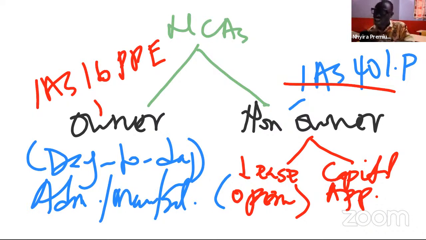It is only when it's an operating lease, as per IFRS 16, that we can treat it as an investment property. So you got to be careful about that. Our focus in the next few minutes is to look at the owner-occupied non-current assets, look at the initial recognition, the subsequent measurement, and all of those things, and then look at the various treatments there.